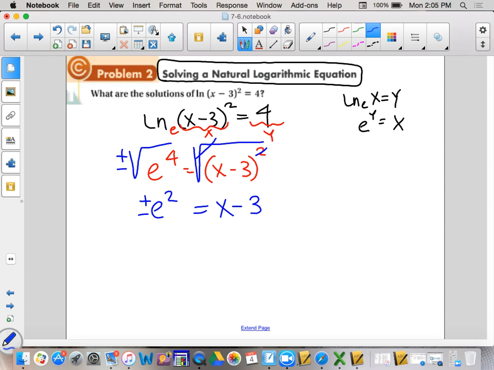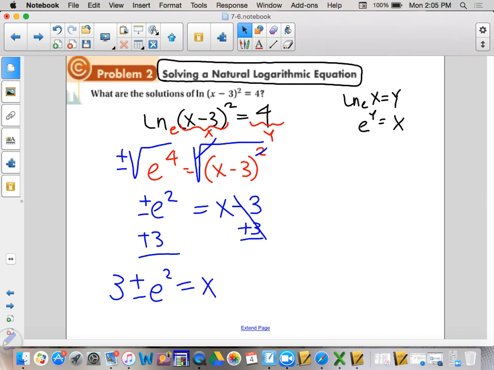So it's plus or minus e squared. I still don't have x by itself. What do I do? I'm going to add 3 to both sides. So this side now becomes 3 plus or minus e squared equals x.